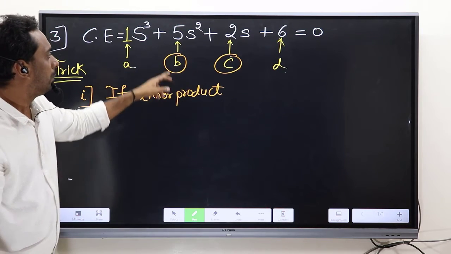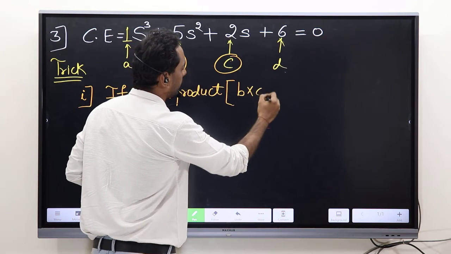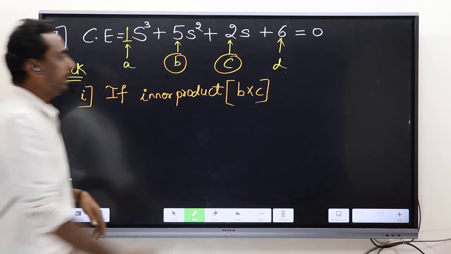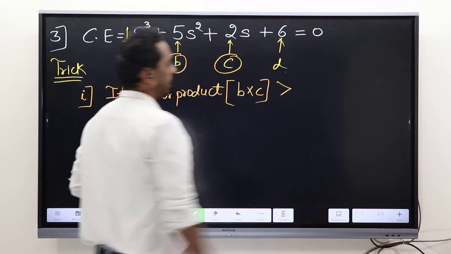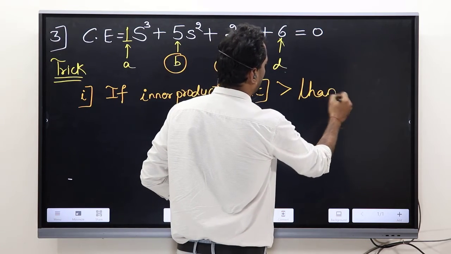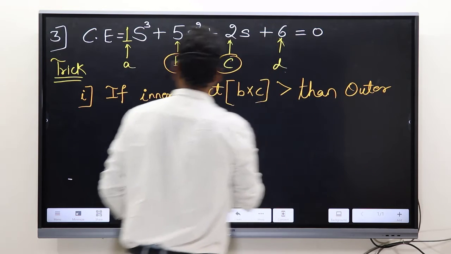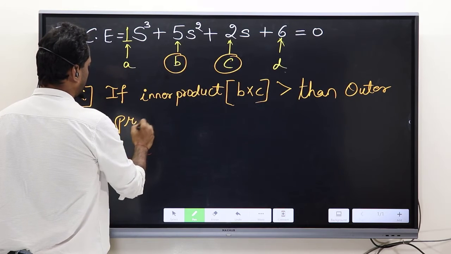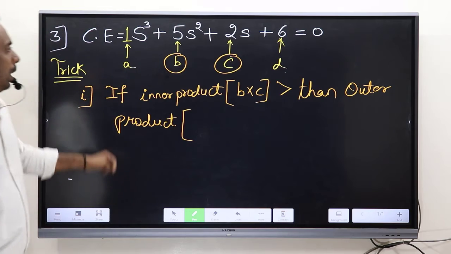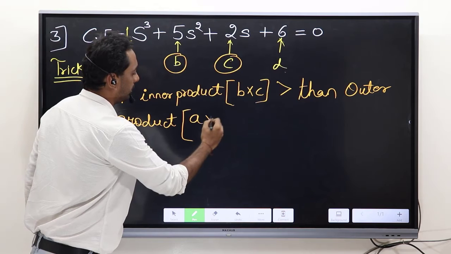What is the inner product? B into C is your inner product. If inner product is greater than outer product, what will be the outer product? Outer product will be A and D. So A into D.